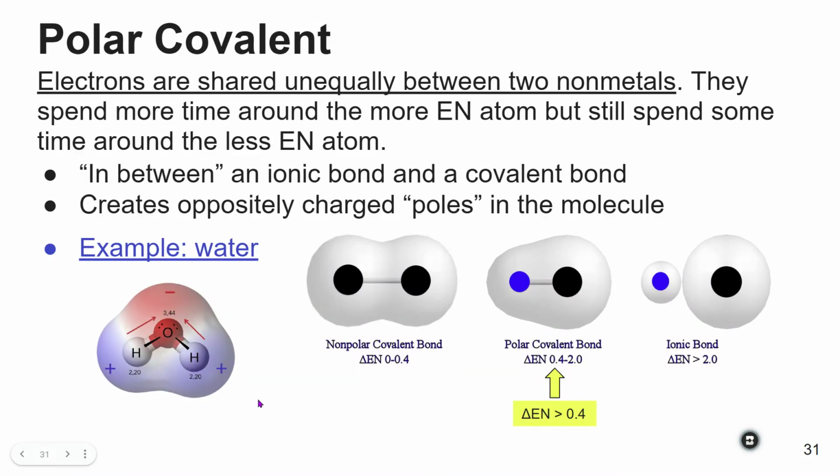And then lastly, about water, you've probably poured a glass of water too full before, and it almost created a water bubble at the top of your glass, but it didn't spill. That has to do with this polarity, where these oppositely charged poles are attracted to another water molecule.